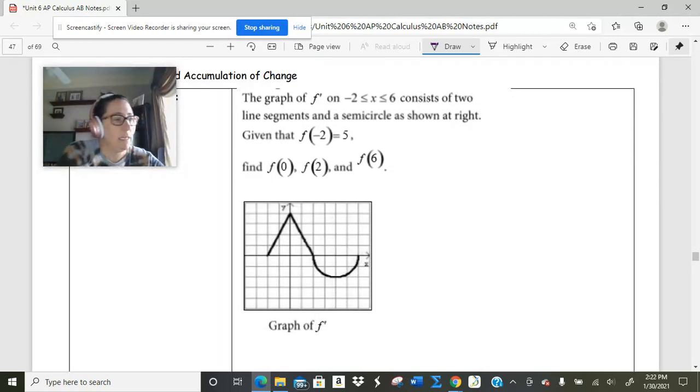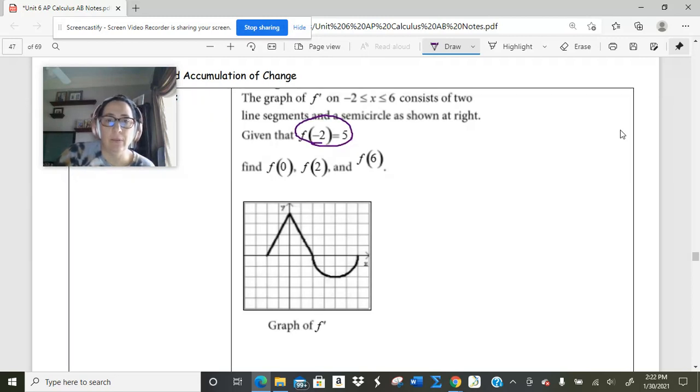So let's do this same kind of concept with a graph now. Here I'm given a point, and I'm given the graph of f prime.